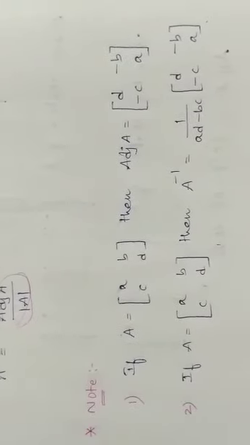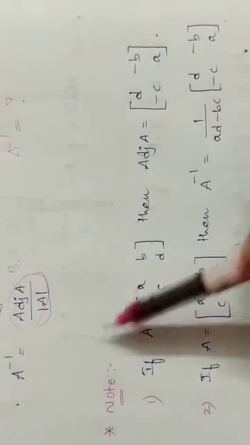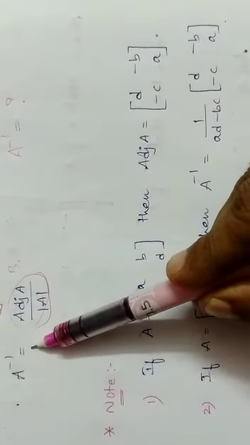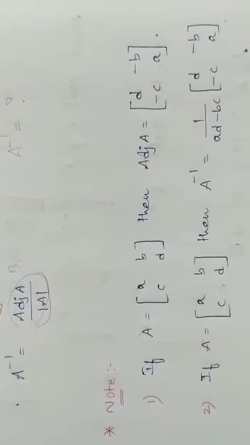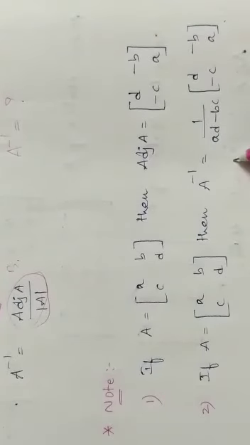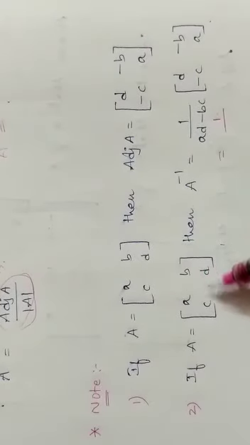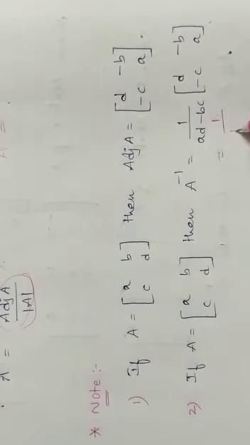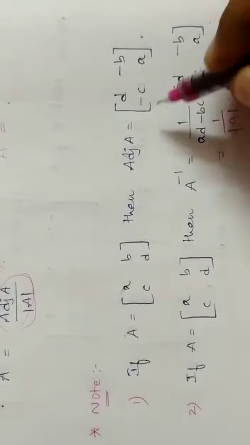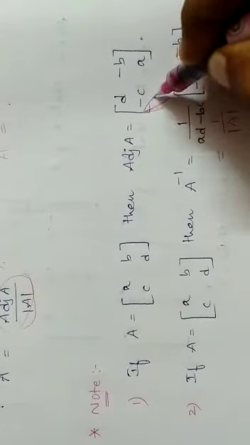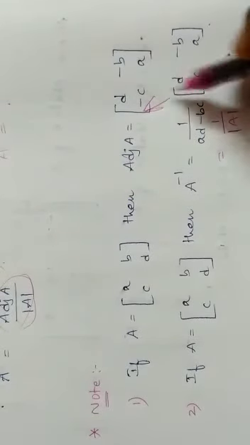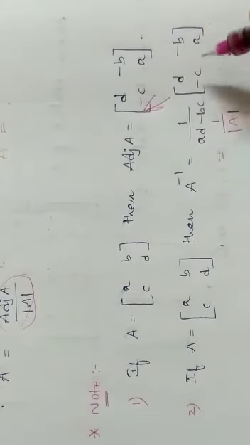As I said above, what is A inverse? A inverse is adjoint A by det A. See here, 1 by what is AD minus BC? AD minus BC is det A of a 2 by 2 matrix. What is this D, minus B, minus C, A?